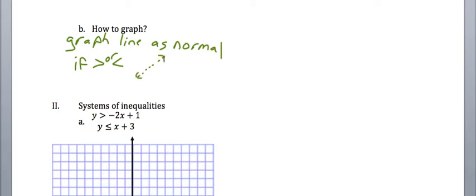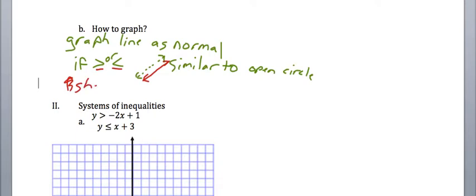That's to show that that's a border, but it doesn't count. So similar to the open circle that we use on the number line. If it is greater than or equal to, or less than or equal to, we would just use a solid line there.